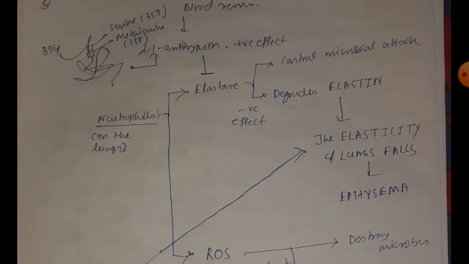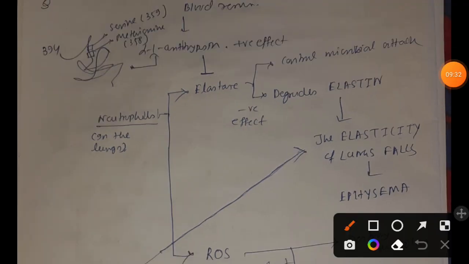This elastase will control the microbial attack, okay, but it has some side effects too. What are the side effects? It will also degrade the elastin present in the lung, that helps in keeping the elasticity of the lung, okay. As a result the elasticity of the lung falls, which leads to the formation of emphysema, okay.